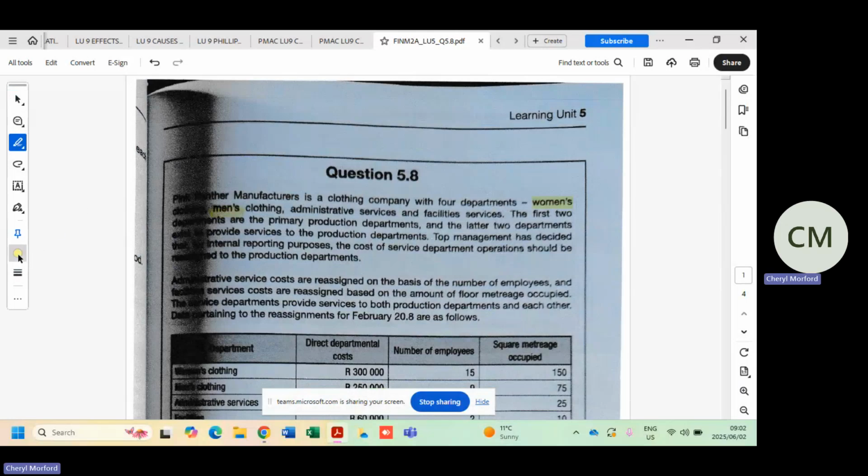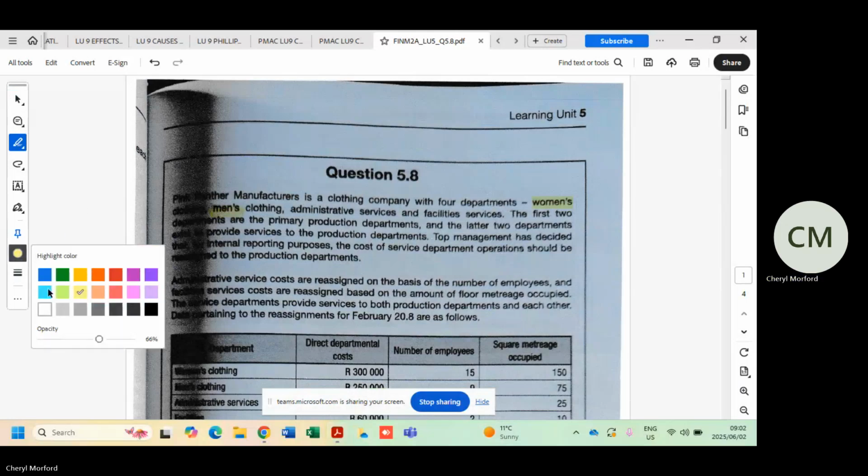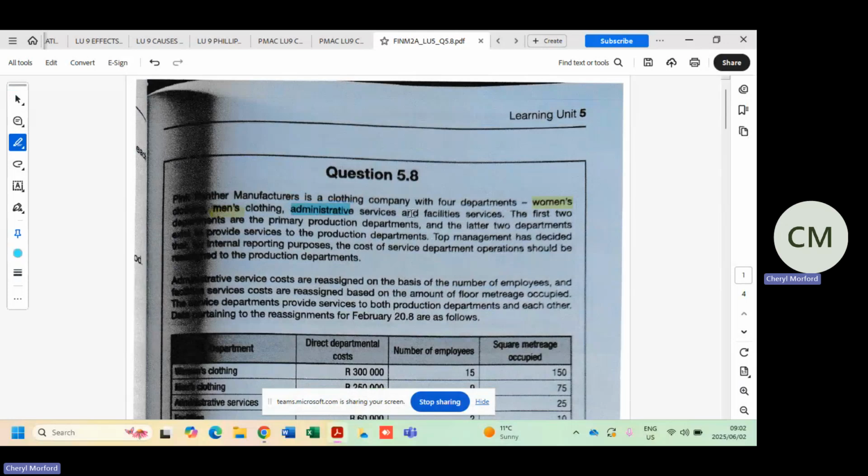Those are the two production departments. Then we also have another two departments. We've got admin, and we have facilities, and both of those are the service departments. So what we need to do here is find ways to apportion the costs from the admin and the facilities service departments to the production departments.